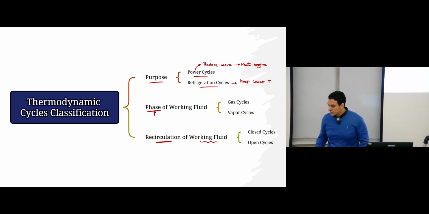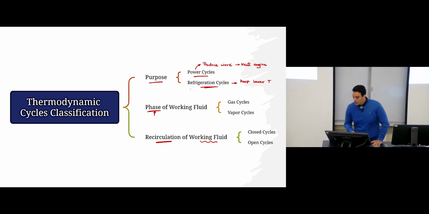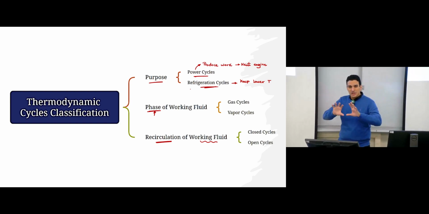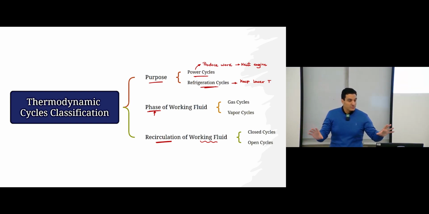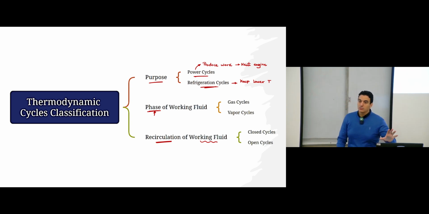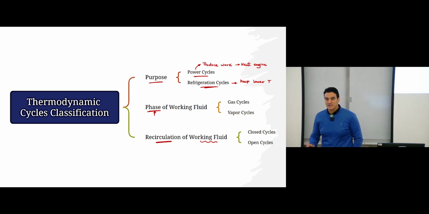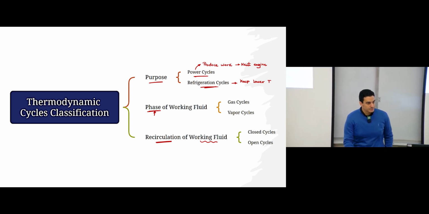So again, power cycles and refrigeration cycles almost have the same components, but the objective is different. For power cycles, the main objective is to produce power. For refrigeration cycles, the objective is to maintain a certain region at a lower temperature. So these are the 2 types of thermodynamic cycles if we classify them based on the purpose.